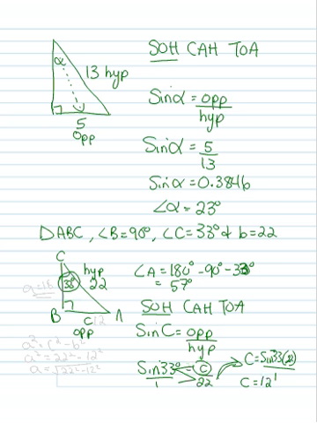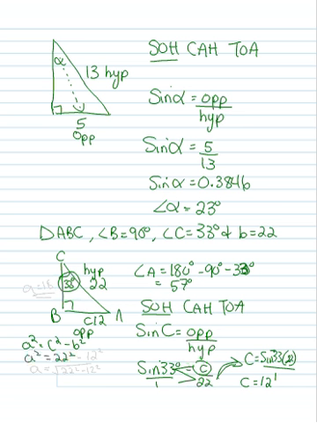Okay, now guys, we can use Pythagorean theorem to figure out the third side, because we know that our hypotenuse is our longest. So if I want to figure out side length A, it's going to be A squared equals C squared minus B squared. So A squared is equal to 22 squared minus 12 squared.